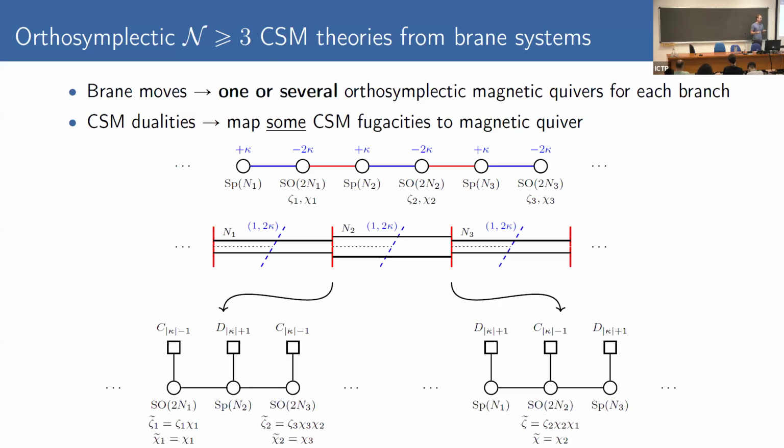But if you start asking more refined questions like turning on fugacities, then you get this kind of funny looking maps, which you need to take into account. Do I have an explanation of how this and this both map together and how they interplay? Not really yet. Right? So for now, it's really you sit down, you have a brane system, you follow the brane moves, and you get fugacity maps.